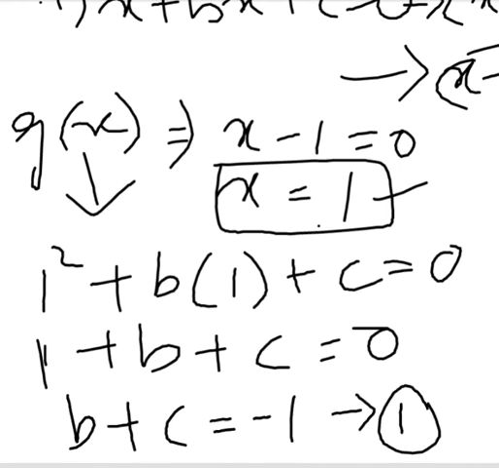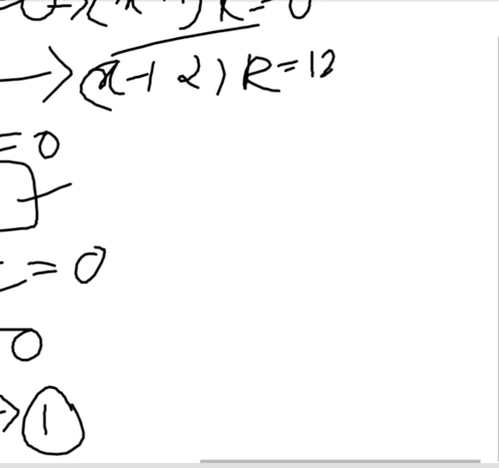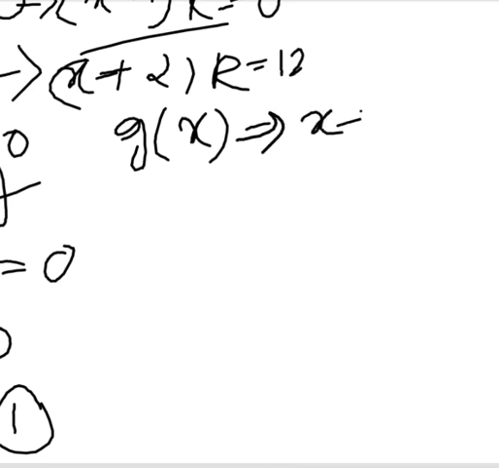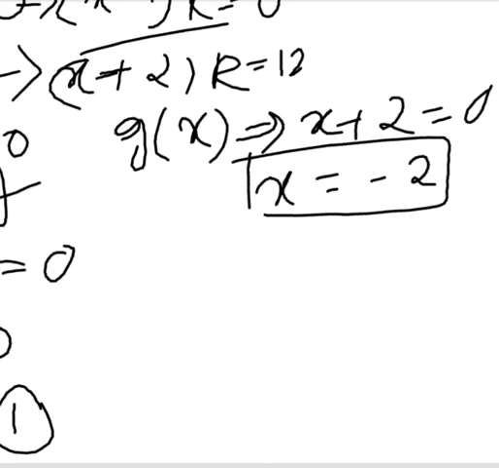Understood? Now we have to find the second equation, for x plus 2, where the remainder is 12. We find the value of x for it and substitute. So g of x, x plus 2, is equal to 0. Plus 2 goes to RHS and becomes minus 2. So the x value is minus 2.